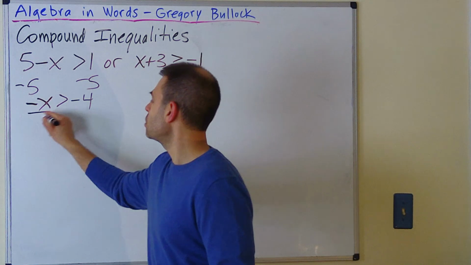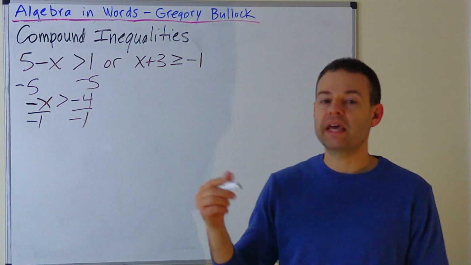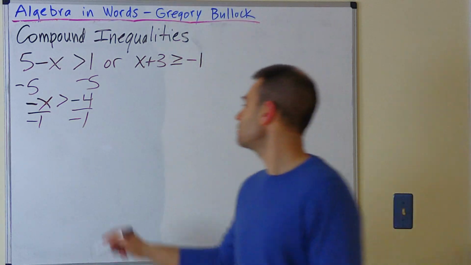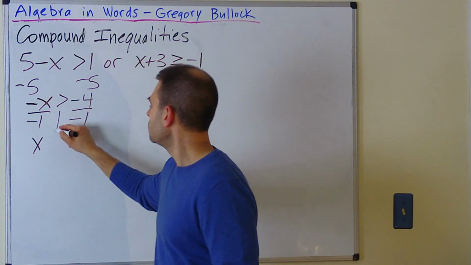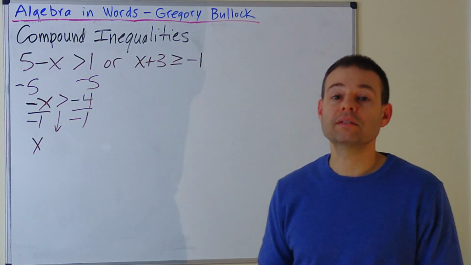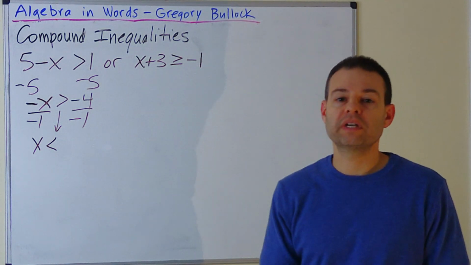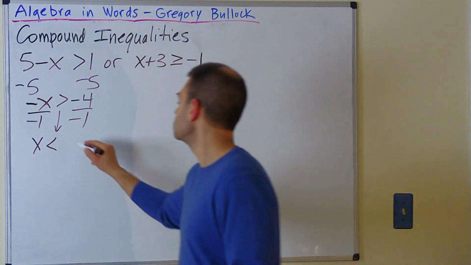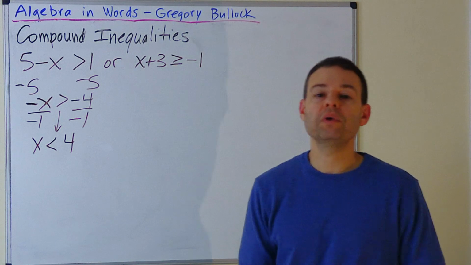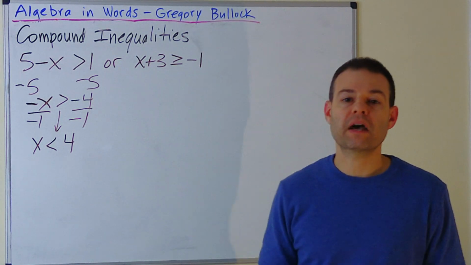So let's divide both sides by negative 1. And negative x over negative 1 is x. And now we're going to reverse the symbol from greater than to less than. And negative 4 over negative 1 becomes positive 4. So now we solved our first simple inequality into the simplified form.